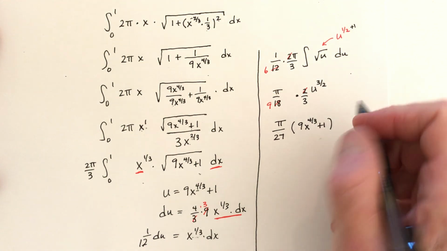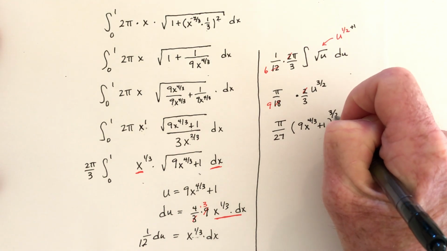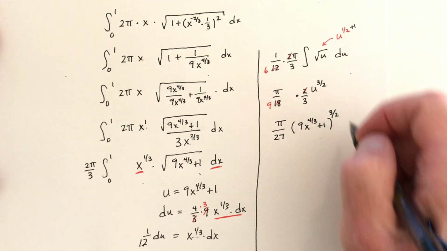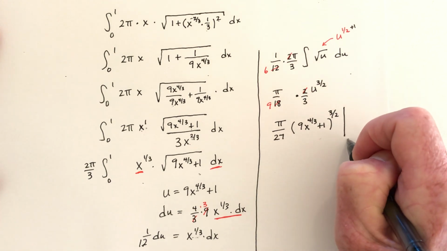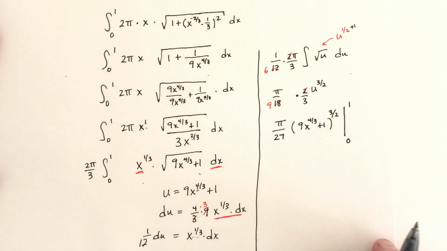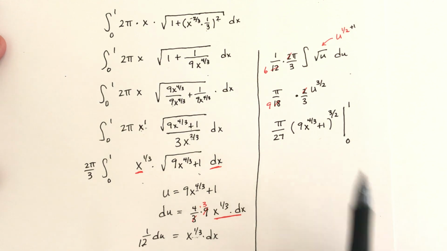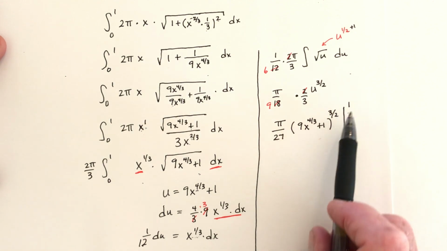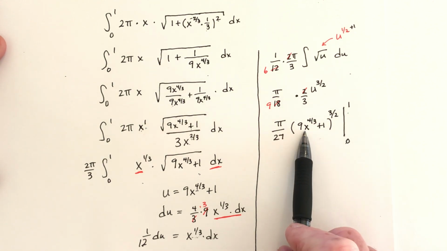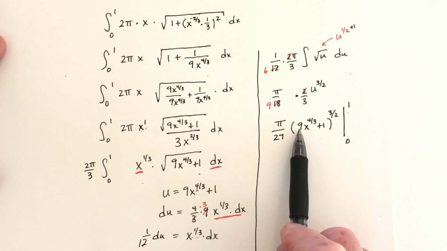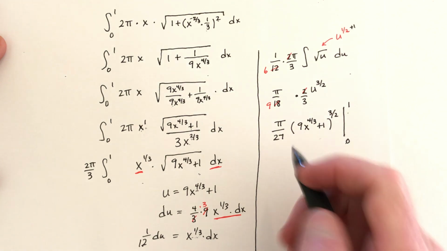And then it's raised to the 3/2 power. And now that I'm back to x, now I can put the values for x, 0 to 1. And after all of that work, I'm very glad that we have 0 and 1, because substituting a 1 is not going to be very difficult, because this will be 1 raised to the 4/3. So that means it's 9 plus 1.